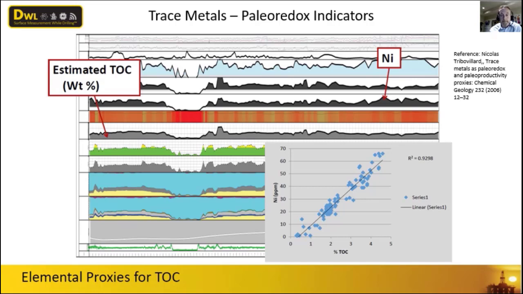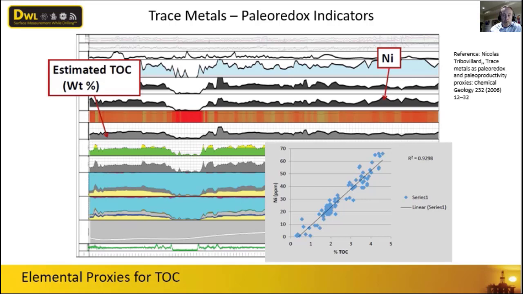And in the inset here, you can actually see models that have been generated by ourselves in the Delaware Basin, where we've been able to compare to LECO TOC, SRA measurements, and we're able to get regressions of 0.92 in this particular case on nickel, so it can be used as a pretty effective indicator of TOC.